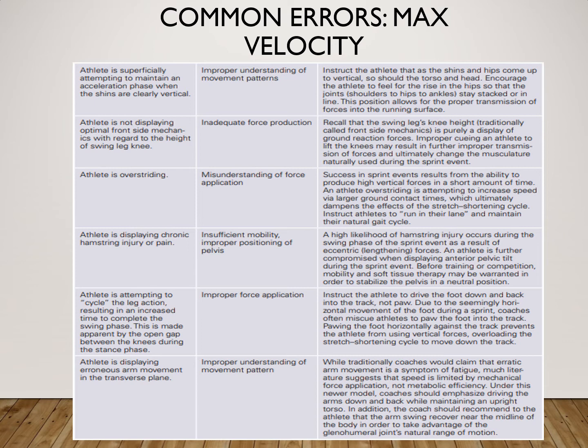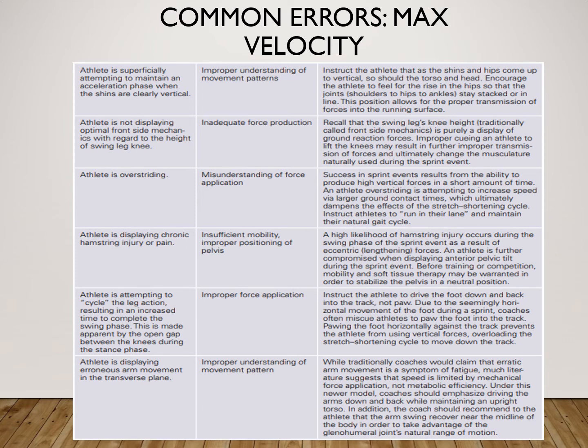And then finally, we might see some erroneous arm movement. As we mentioned in the previous session again, if we're getting inefficient movement or too much rotation, that is going to lead to a loss of application of force. Some of the force that we're applying, rather than causing us to move horizontally, is causing some rotation in the body.